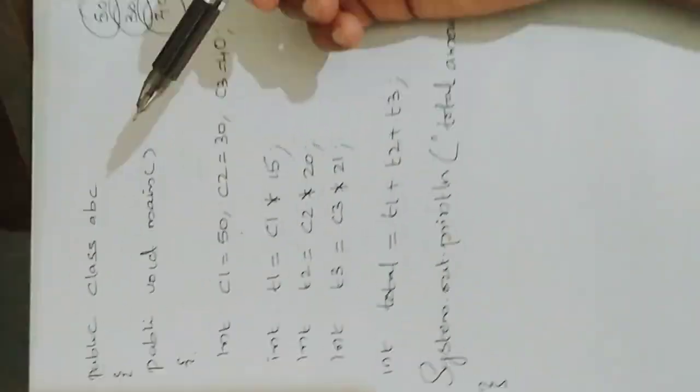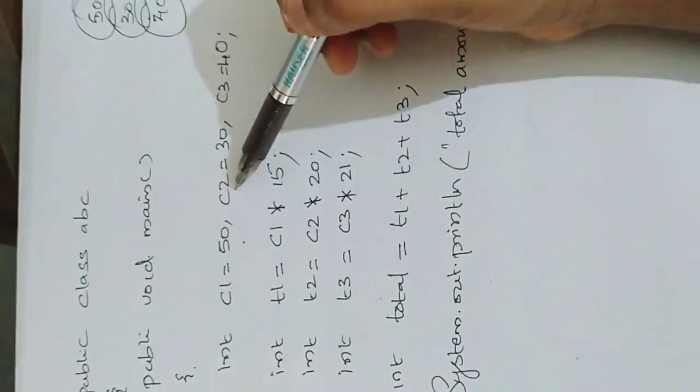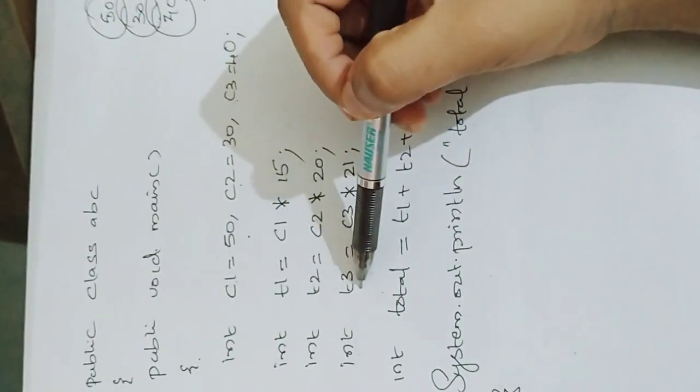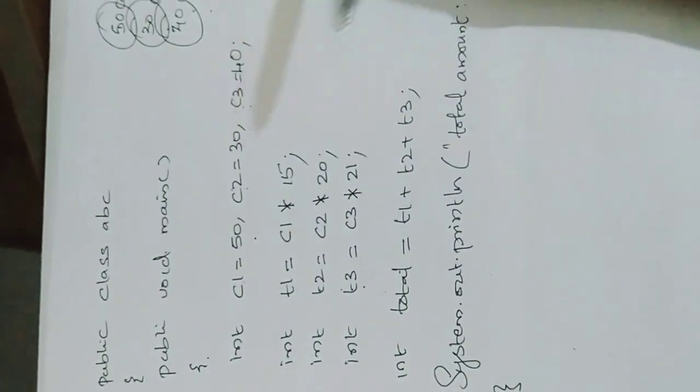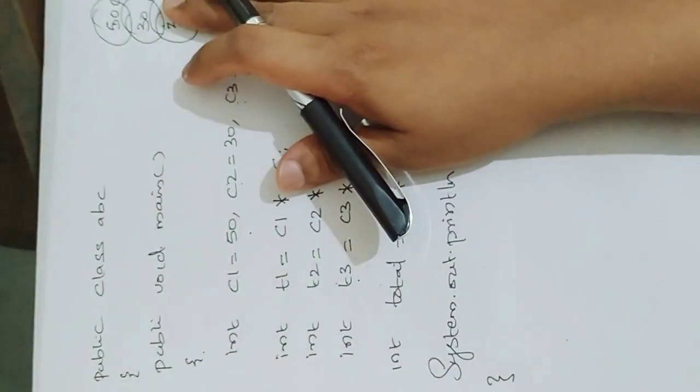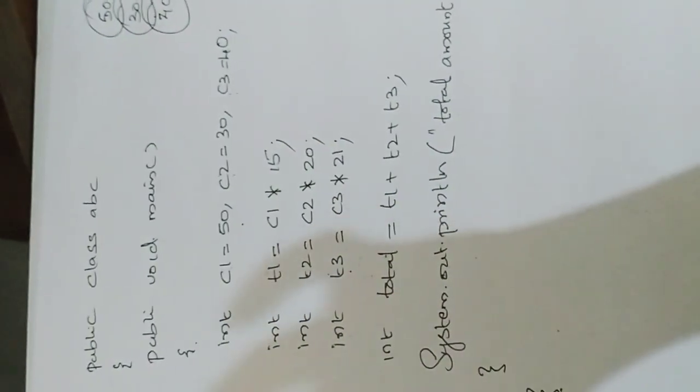Here you have to write variable descriptions of c1, c2, c3, t1, t2, t3 and total, 1, 2, 3, 4, 5, 6, 7 variables. You have to write the variable descriptions. This is where you have to solve the programs. Now we will look at this program.